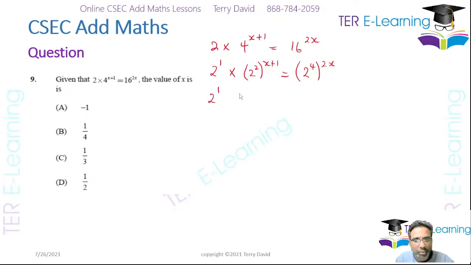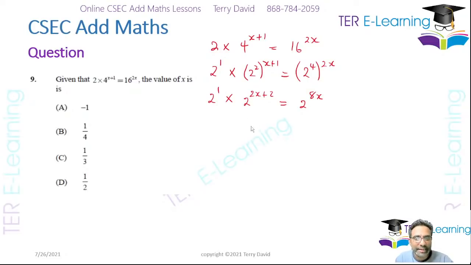So 2 to the power 1, we can't do anything with that. Now, when you are removing the brackets here for this one here, it's going to be 2 multiplied by x plus 1. So this is going to be 2x plus 2 is equal to 2 to the power. You have to take the 4 and multiply by 2x. So this is going to be 8x, right?